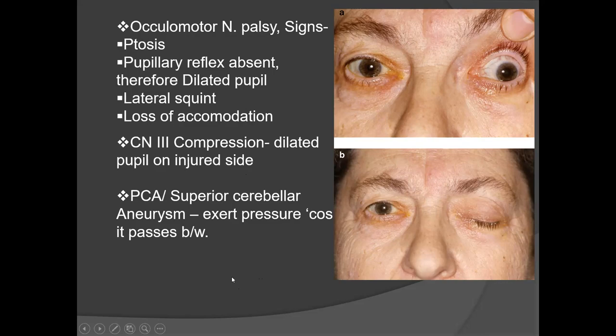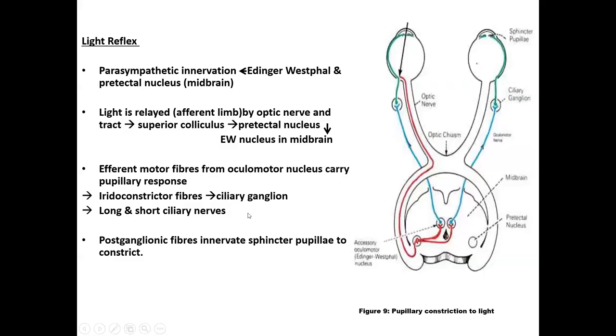Along with other applied signs. Regarding the light reflex, I just want to mention that it starts from the Edinger-Westphal nucleus, and the optic nerve carries the sensory limb of it, because of course the light enters through the eyeball.